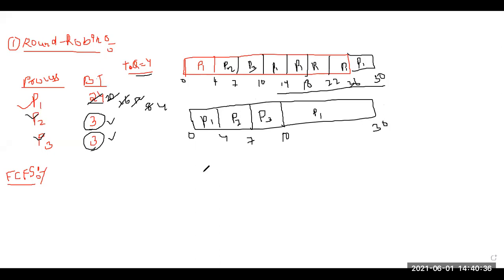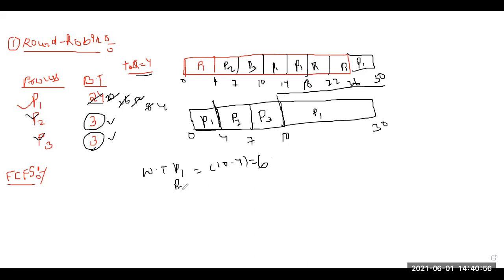Now suppose I count the waiting time of P1. Waiting time of P1 is 0 up to here, but then P1 started waiting from here, up to 10. So it will be 10 minus 4, which is 6.